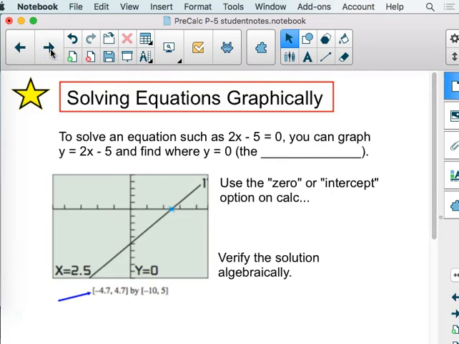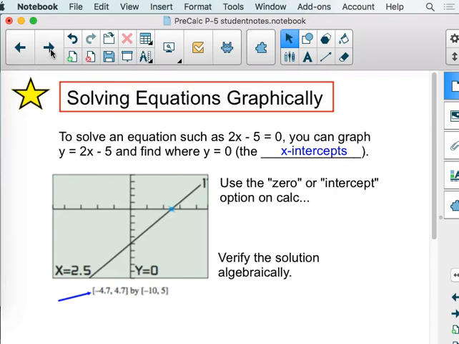So, solving equations graphically, this first example is really silly. To solve an equation such as 2x minus 5 equals 0, yes, that's one we definitely need a calculator for there. You can graph y equals 2x minus 5 and find where y equals 0. That is called the x-intercept. And yeah, we're going to do that just because we're trying to remember all the buttons and everything on the calculator.